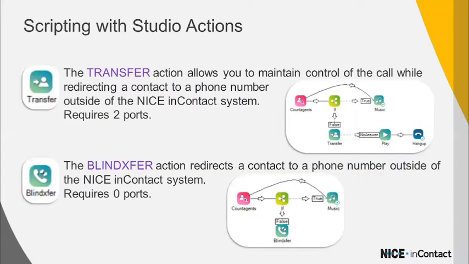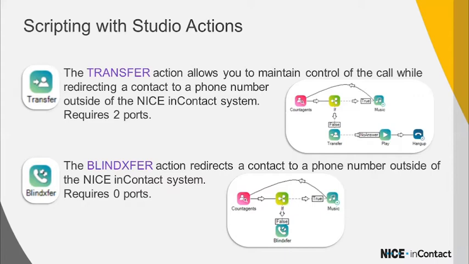And the second one is transfer and blind transfer. Basically, the use of transfer is when an agent wants to transfer a call outside of the NICE inContact environment, like when the agent wants to route a call to his supervisor, or to any agent who is outside of the NICE inContact environment.